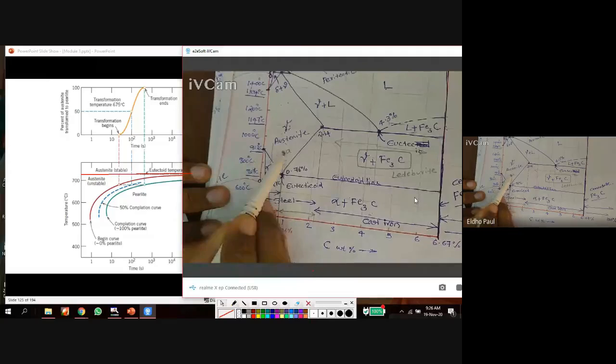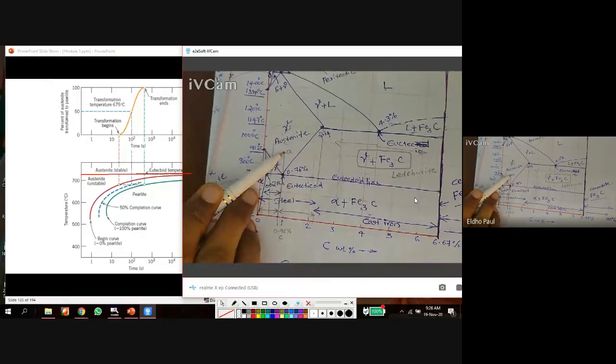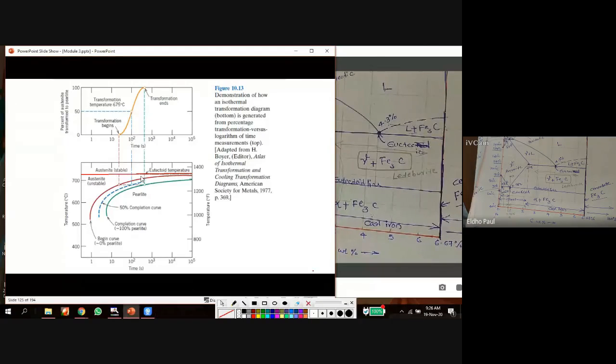So already the gamma particles are above 727 degrees Celsius. Okay, so this is the eutectoid line, this one. And initially we can say the gamma particles are here.